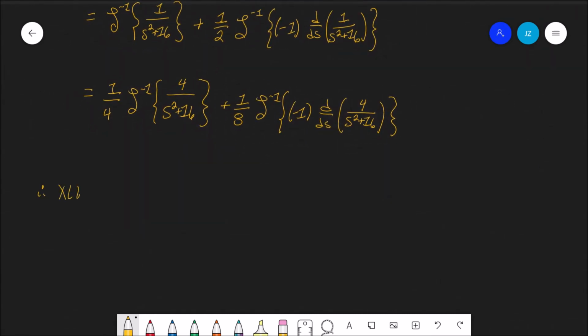Therefore, our general solution is a quarter sin(4t) plus an eighth t sin(4t).